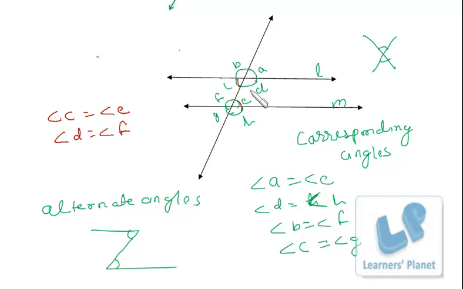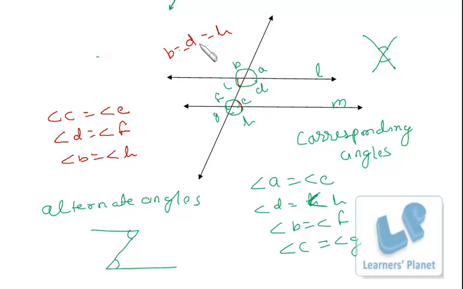Similarly, we have exterior alternate angles, right? So angle B will be equal to angle H. Now that's very simple. See, B is equal to D, D is equal to H because corresponding angles are equal, B is equal to D because vertically opposite angles are equal.